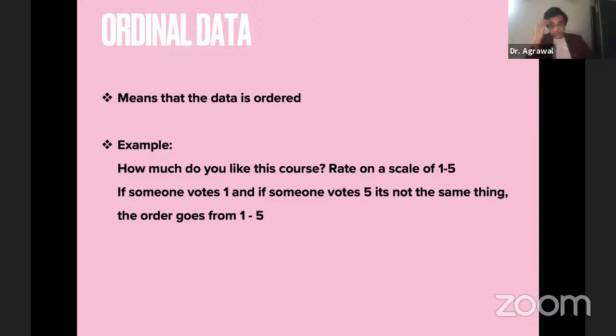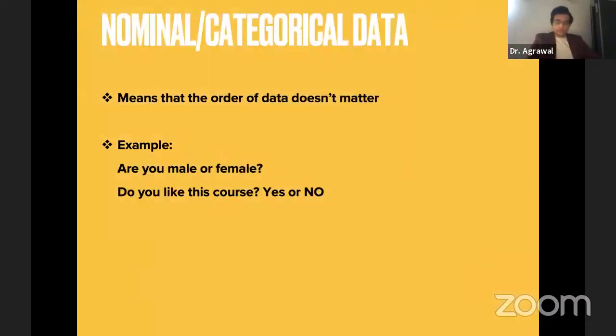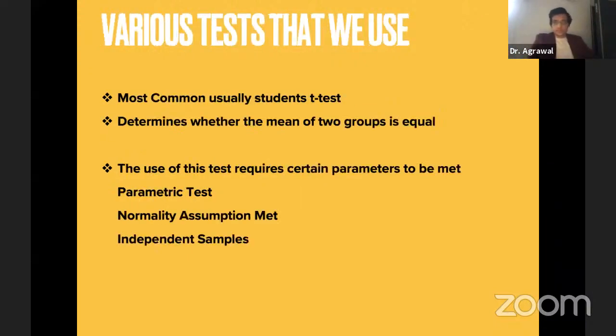I hope that's easy to understand. And if someone votes 1 and someone votes 5, it's not the same thing. There's an order from 1, 2, 3, 4, 5, right? And instead of saying male or female, which would not have an order. So again, nominal means that there is no order of data. Are you male or female? Do you like this course? Yes or no. That would come under the nominal or categorical data category.